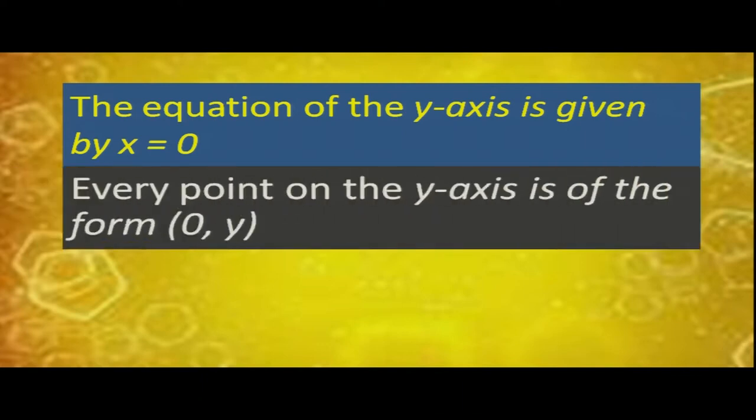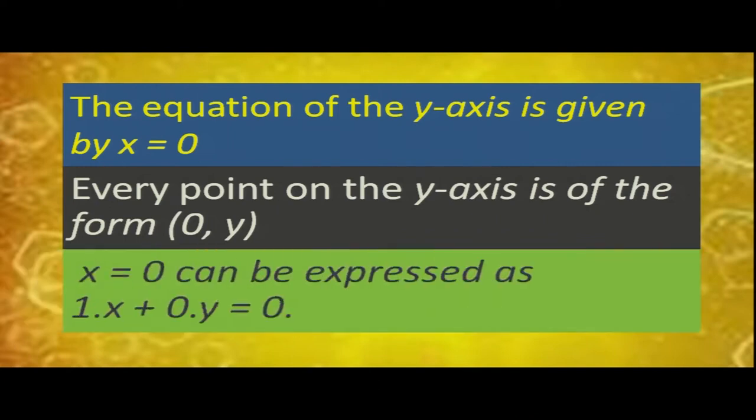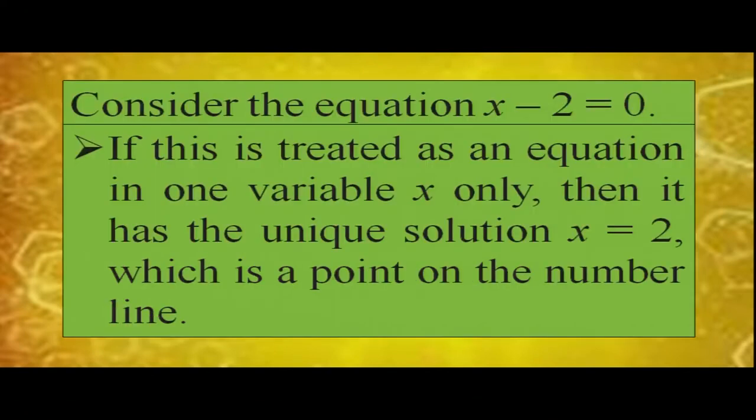Now, every point on the y-axis is of the form (0, y), and we can write it as an equation in two variables as 1·x + 0·y = 0.